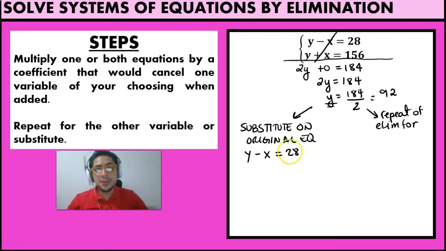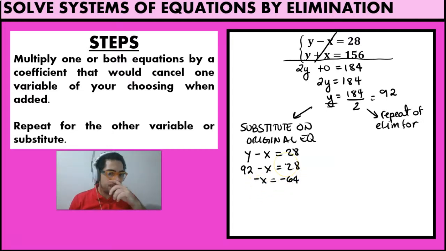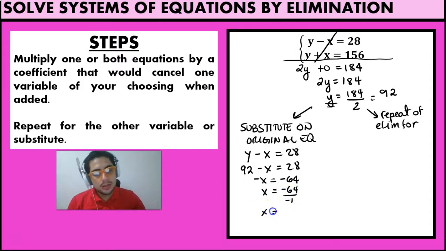So y, which we got was 92, minus x is equal to 28. That 92 passes to the other side subtracting. So 28 minus 92 is equal to minus 64, and then we divide both by minus 1 because the x is being multiplied by minus 1. So x is equal to minus 64 divided by minus 1, so that is positive 64. And we have our answer: x is equal to 64.